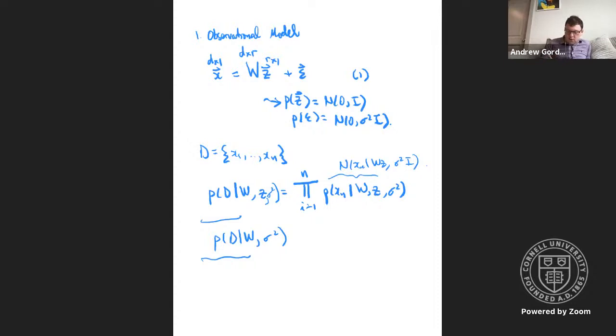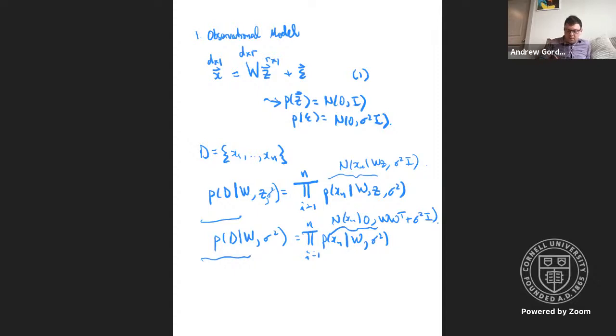And that is going to be, so we'll just write down this likelihood, P of Xn given W, sigma squared, and this is going to be a Gaussian in Xn, and its mean is going to be 0 in this case, and its covariance matrix is going to be W W transpose plus sigma squared I. Okay, so we've got this.